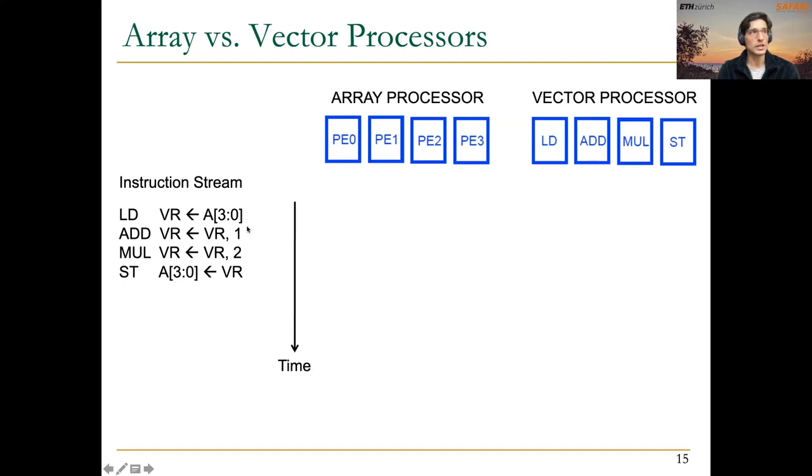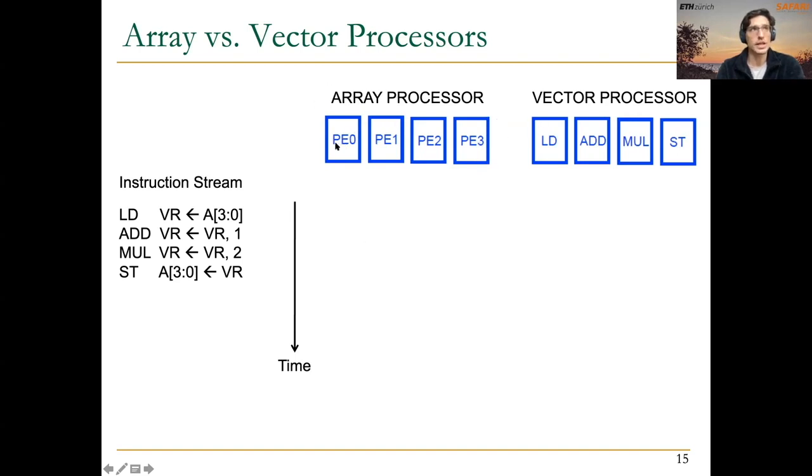With this addition, in the end, what we are doing is incrementing each of the registers in the vector register. Then we multiply by 2 each of these elements, and finally we store in the same positions of the array A.